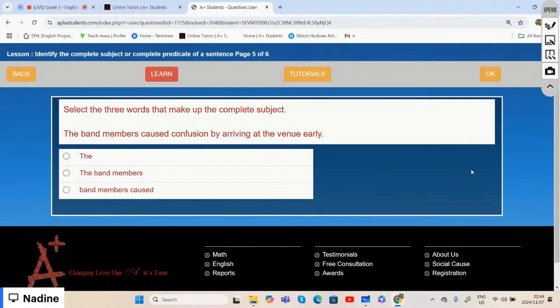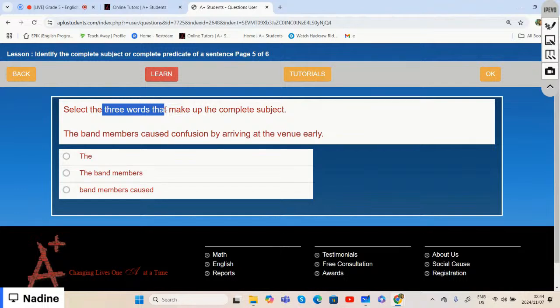It says we need to select three words that make up the complete subject. Is it option one, the? Is it option two, the band members? Or is it option three, band members caused?